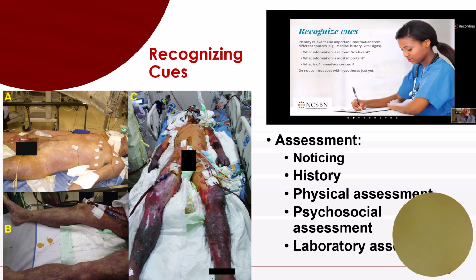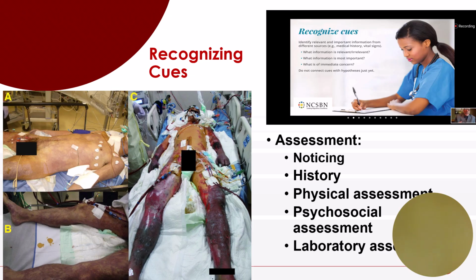So with the petechiae, the purpura, the ecchymosis, the bleeding, this is all caused because we have depleted our clotting factors. We no longer have the ability to form those clots. With the pallor and the cool extremities and the cyanosis, this is because now we're becoming anemic.